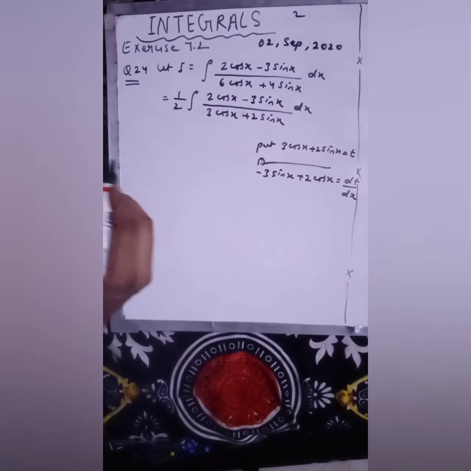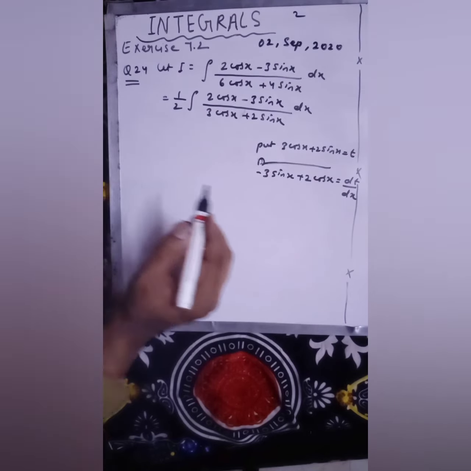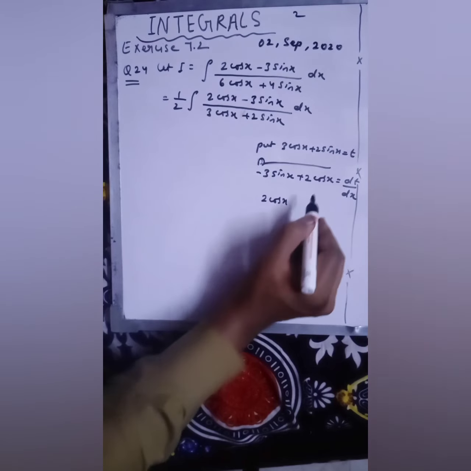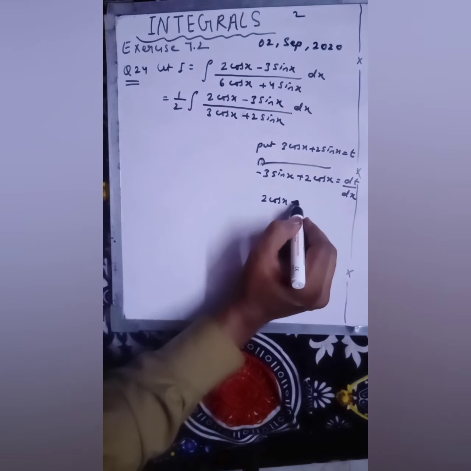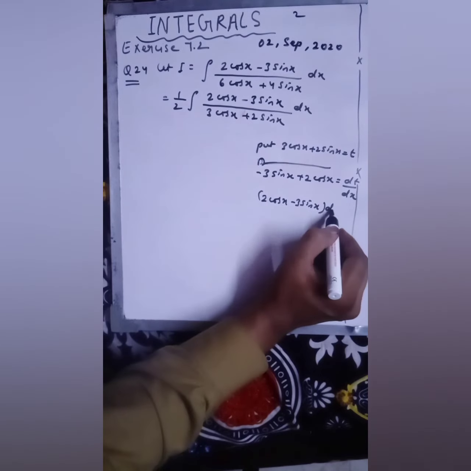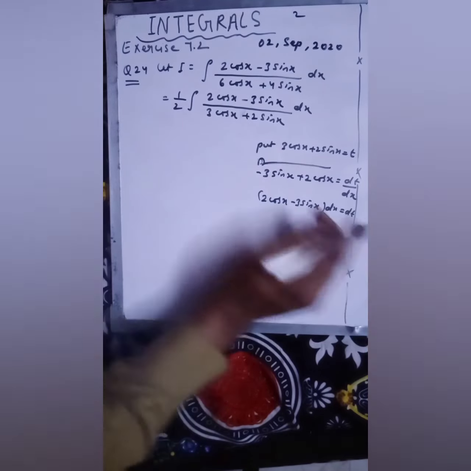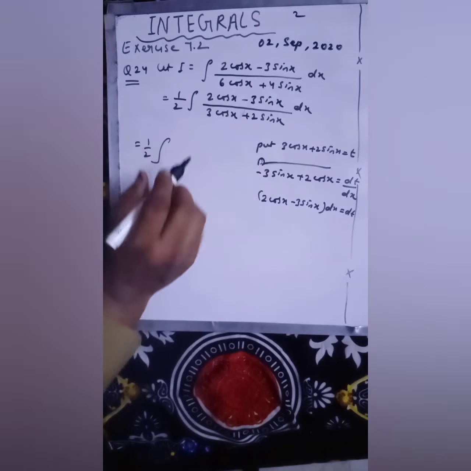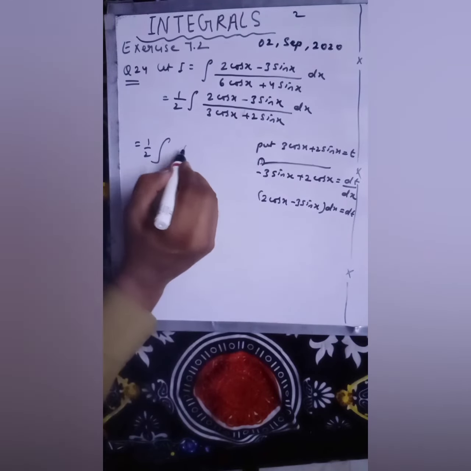Now I can write this like 2 cos x, I'm writing this step first, and then minus 3 sin x, into dx, that is equal to dt. So as you can see, this is the numerator part, this is your dt, over this is your t.